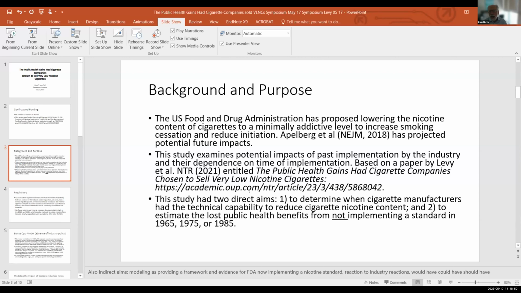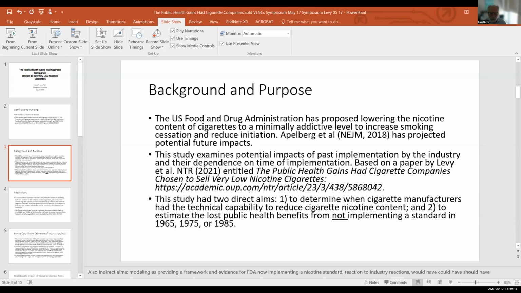This presentation takes a different approach. It looks at what would happen if the industry had implemented a nicotine standard in the past. And it will also show how the impacts would have depended in a major way on time of implementation.